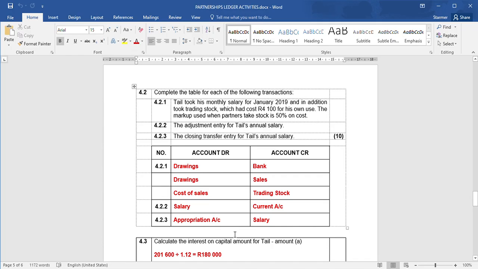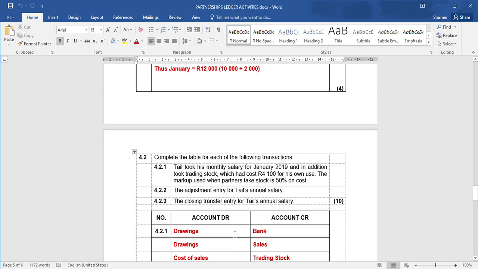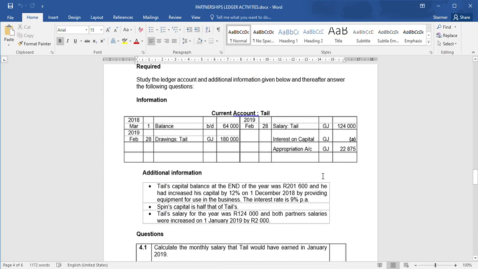Right, then they ask you to calculate the interest on capital amount for Tail, which is amount marked A here. So they tell you that Tail's capital balance at the end of the year was 201,600, and it increased capital by 12% on the 1st of December, and the interest rate is 9% per annum.